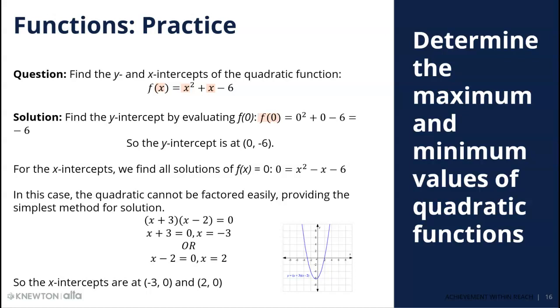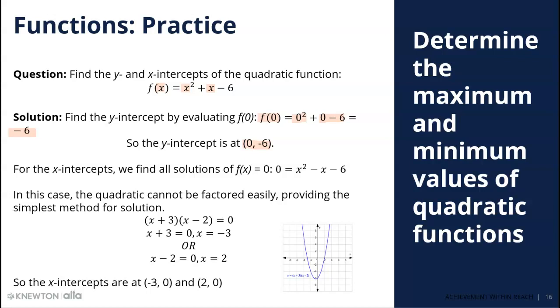So if you replace x by 0, you have 0 squared plus 0 minus 6, and that gives us negative 6. So negative 6 is the y-intercept, and the ordered pair that corresponds to that is (0, negative 6). That is your y-intercept.